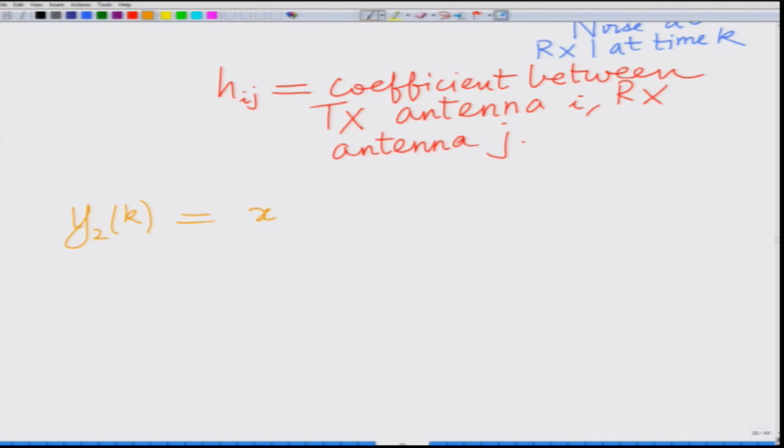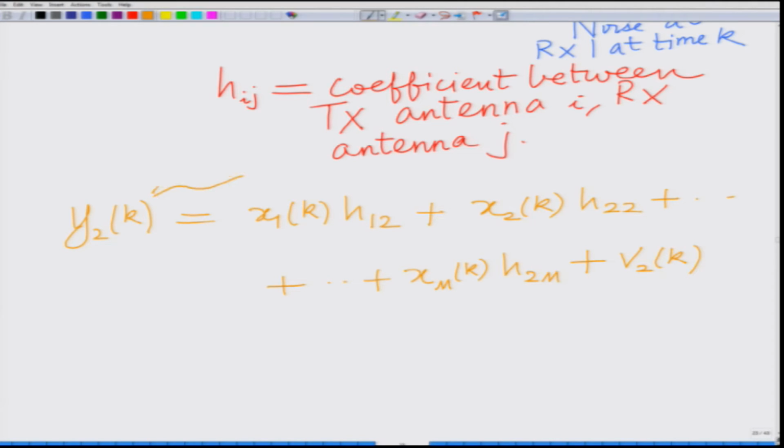So Y2k I can express as x1k h12 plus x2k h22 plus so on plus xmk h2m plus v2k.